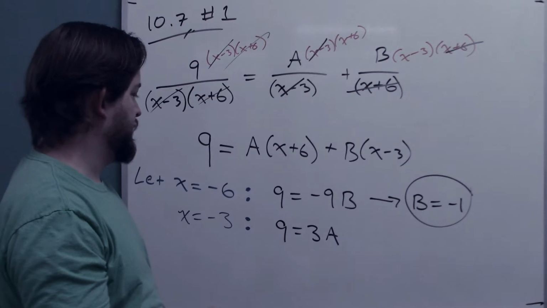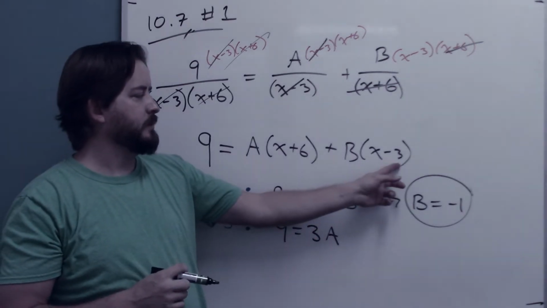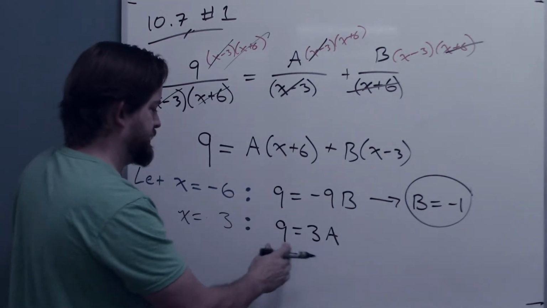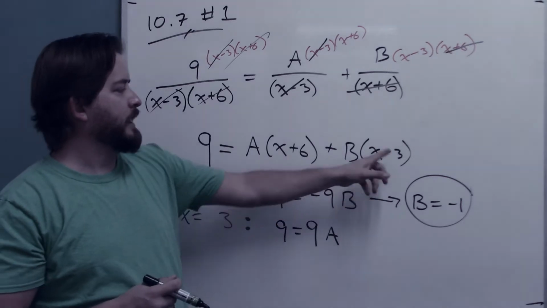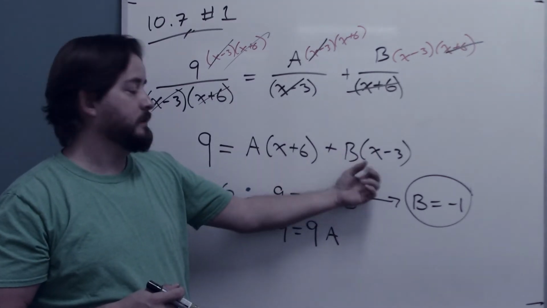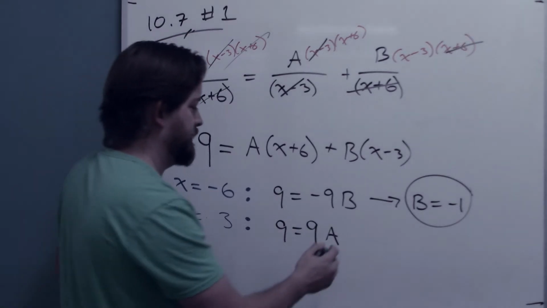I don't want it to be negative 3, I'm sorry, I want it to be 3, because I want 3 minus 3 to be 0. So I have 9 equals 3 plus 6 is 9A. 3 minus 3 is 0, so that zeroes out, so it's gone. Oh, look at that, how nice is that? A has to be 1.